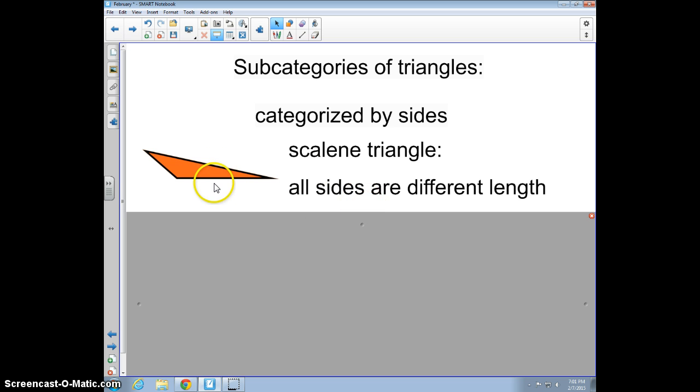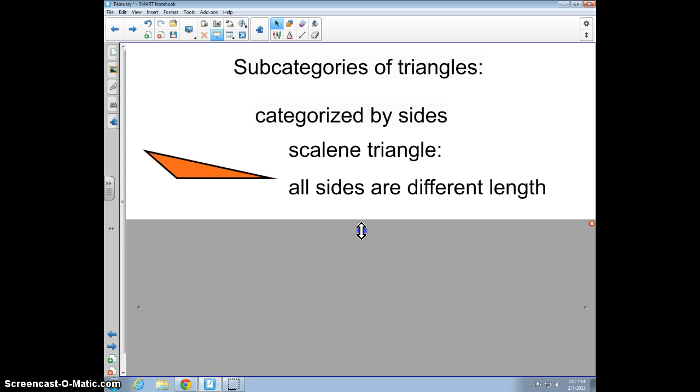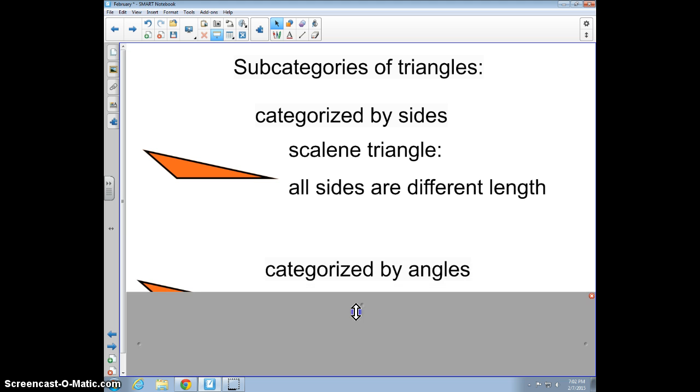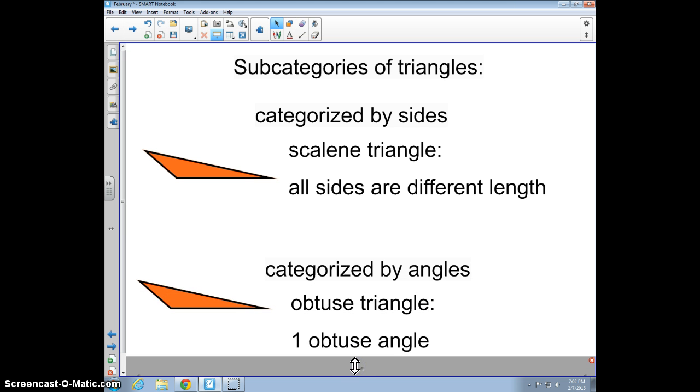Okay, and now to this odd-looking triangle that we said, remember, is a scalene triangle because of the three different length sides. As we look at it categorizing by its angles, it's called an obtuse triangle. And it's an obtuse triangle because of this one angle here that's obtuse.